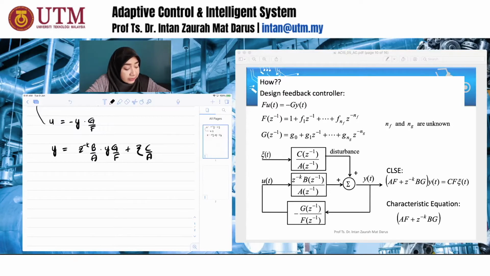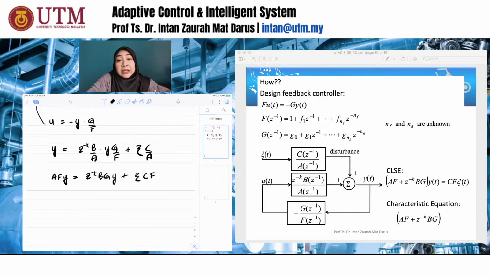So I will have AFy equals z^-k BGy plus zeta CF, because the A has been cancelled out. So that's what we have left.